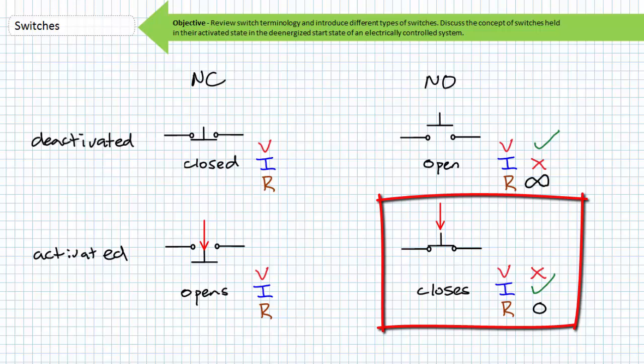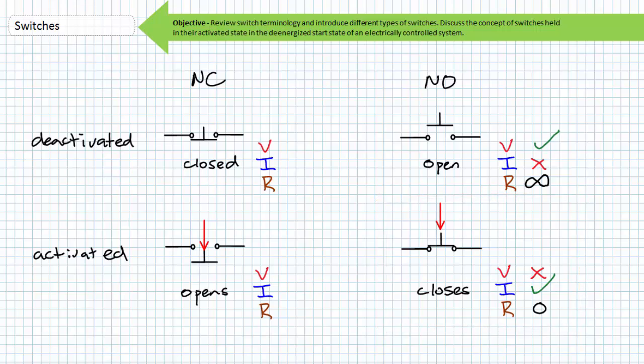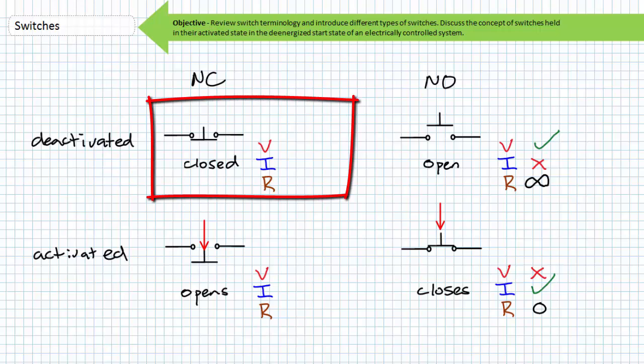voltage drop across it. Consider the entirely opposite scenario. What is the resistance of a normally closed, often abbreviated NC, switch when it is deactivated? In its deactivated state, a normally closed switch should ideally present 0 ohms of resistance because it's closed. In its deactivated state, a normally closed switch will allow current flow through it and should have no voltage drop across it.